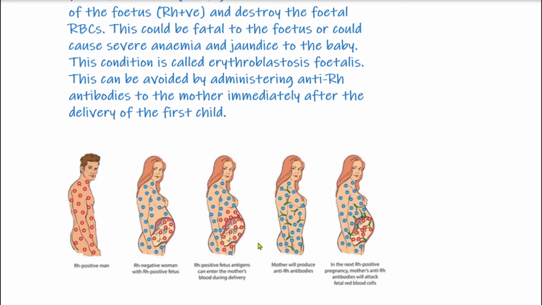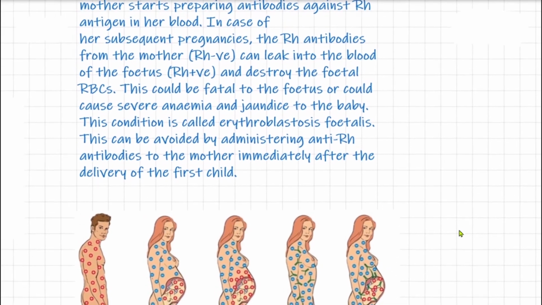And if the second baby happens to be Rh positive, then these antibodies will destroy the RBCs of the second fetus. So this is an example of Rh incompatibility.